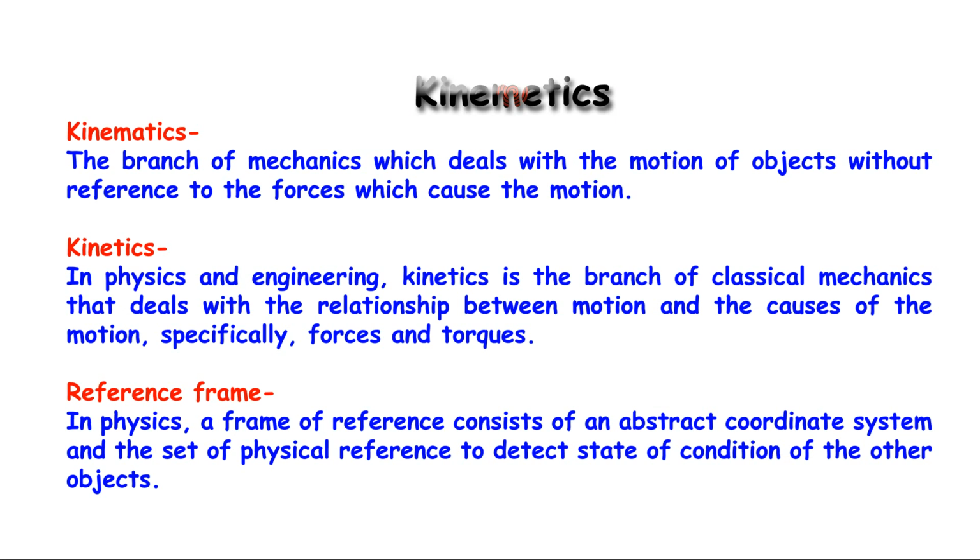If an object does not change its position with respect to time with respect to the reference frame, then we can term the motion of the object as static. But if the object starts changing its position with respect to time with respect to the reference frame, then we will term the motion as dynamic motion.